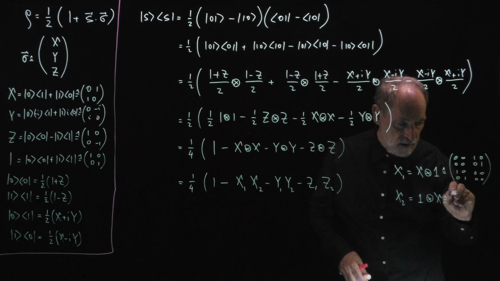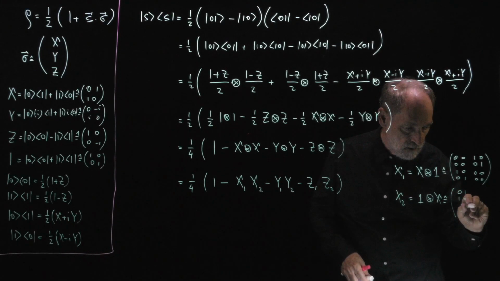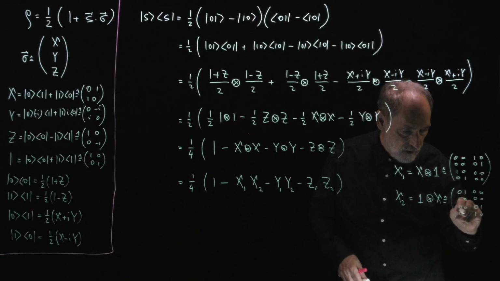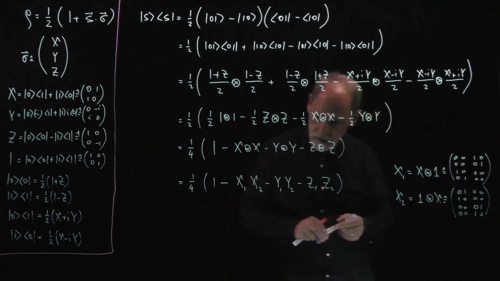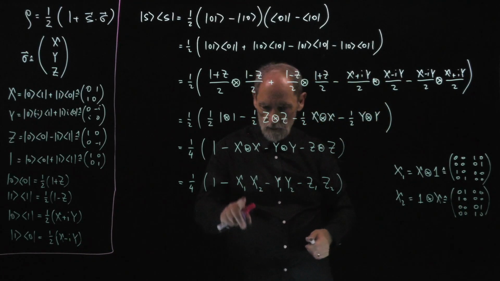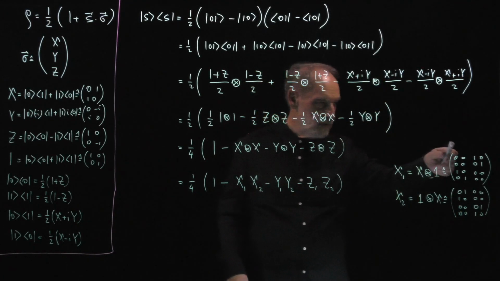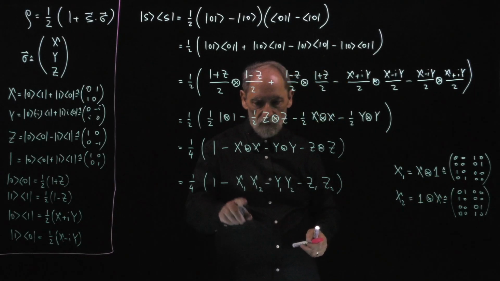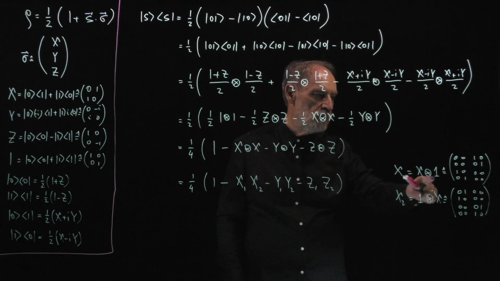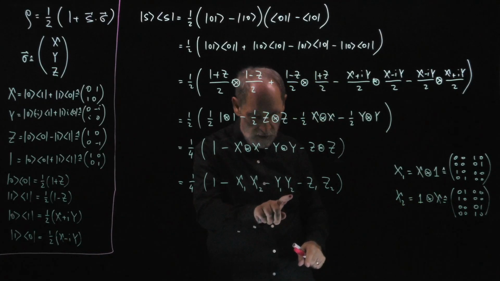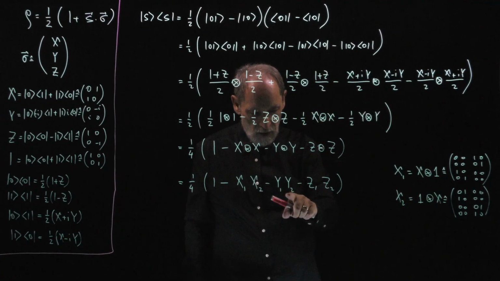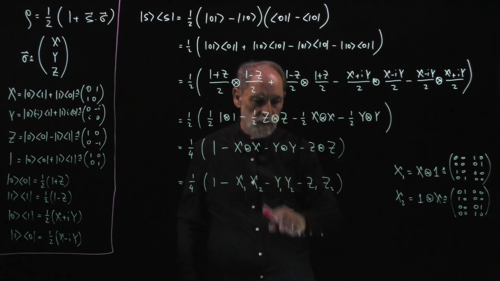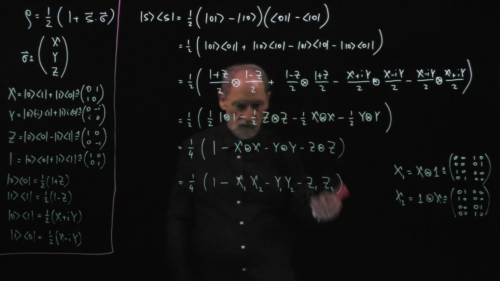And here we get the X matrix here and the X matrix here and the 0 matrix there. So in reading these products, we should think of these operators to be represented by 4 by 4 matrices, where the x1 is x for the first qubit, 1 for the second qubit. The y2, say, is identity for the first qubit, y operator for the second qubit, and so forth.